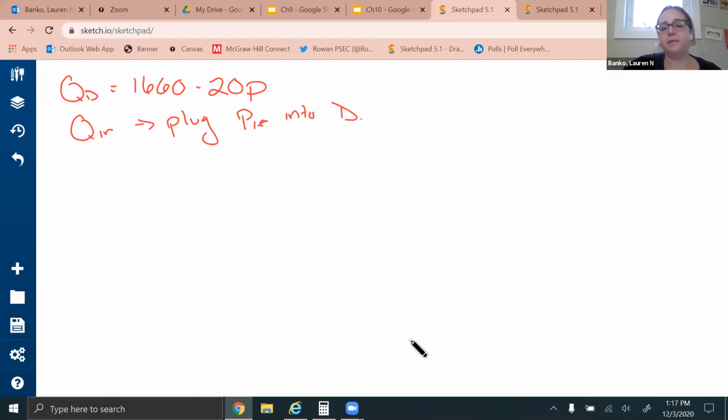And in particular, we can plug this long run price into our demand function. So this long run quantity for the market, hence the large Q. And our price was 15 that we found.